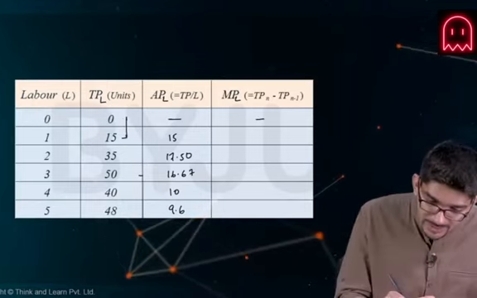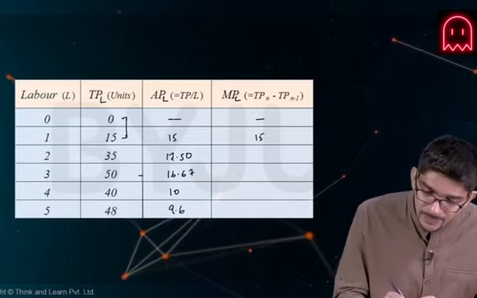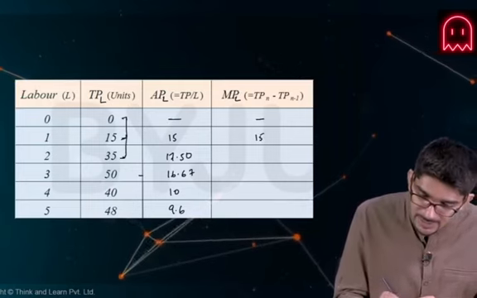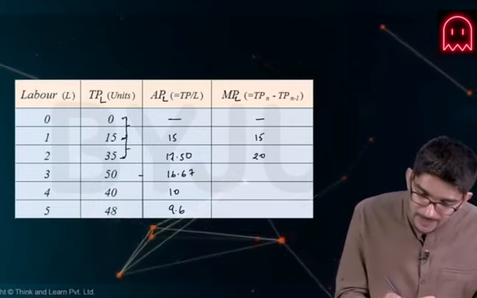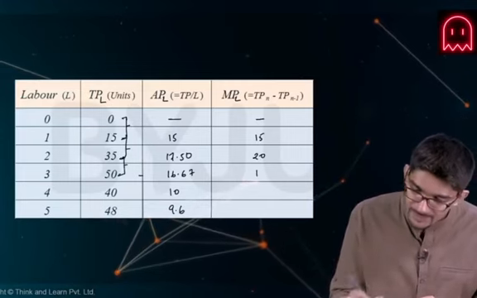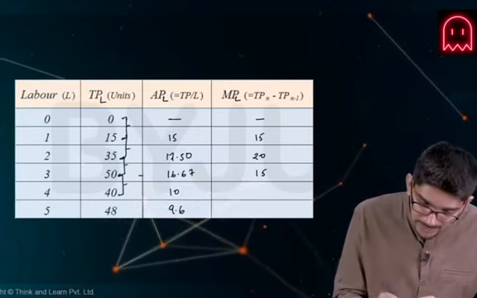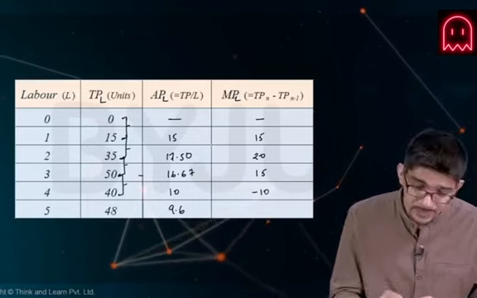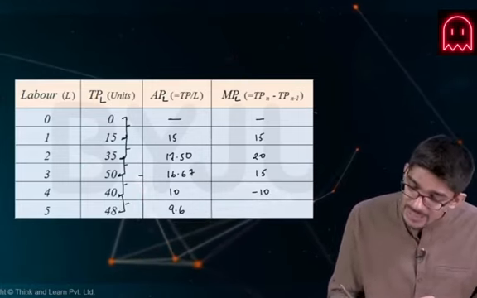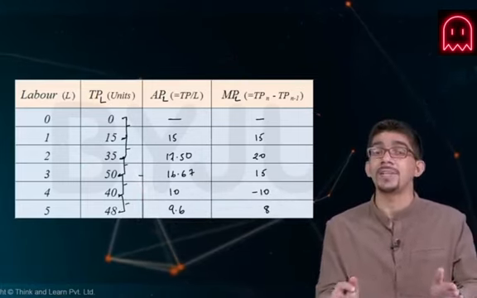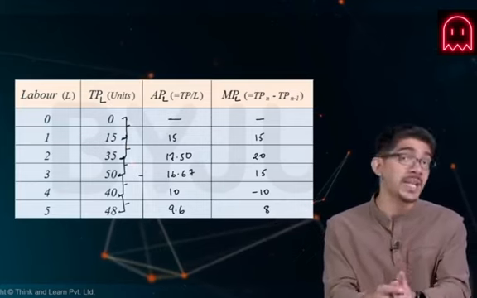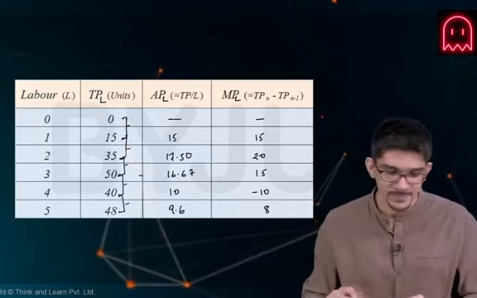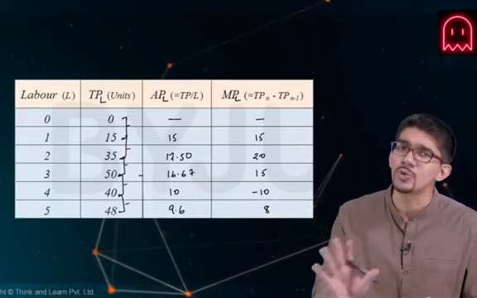So 15 minus 0 gives us 15 here, 35 minus 15 gives us 20 here, 50 minus 35 gives us 15 here, 40 minus 50 gives us minus 10 here. 48 minus 40 gives us 8 here. Like that we can fill out the entire TPL, APL and MPL schedule by just knowing 2 simple formulas.